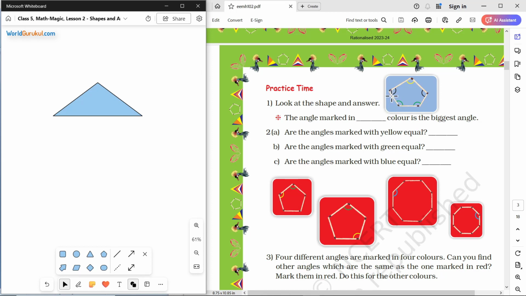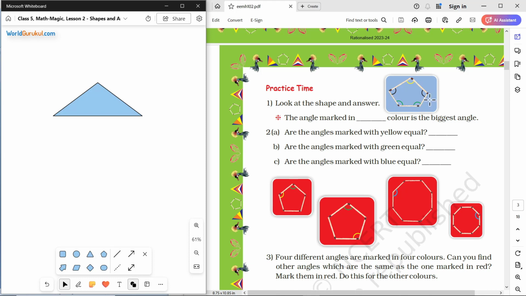So here the green ones are the biggest angles, and the other three angles we have are smaller than these two angles.